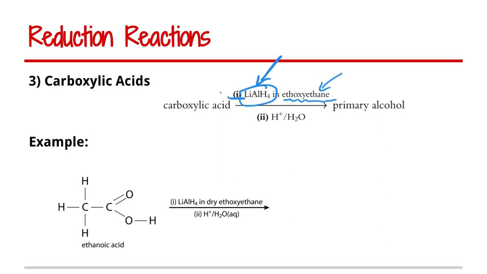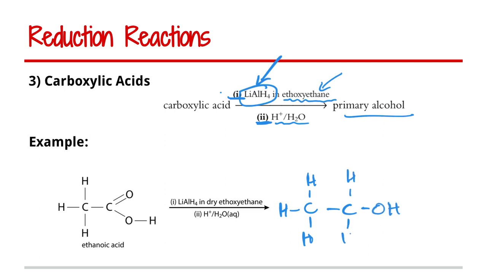Step 1 is that, and then step 2, you're in an acidic aqueous environment, and that's going to create a primary alcohol. So with this particular reaction here, we're going to create a primary alcohol here, like so. We're creating ethanol as our major product.